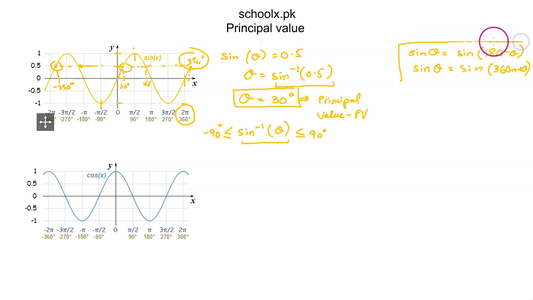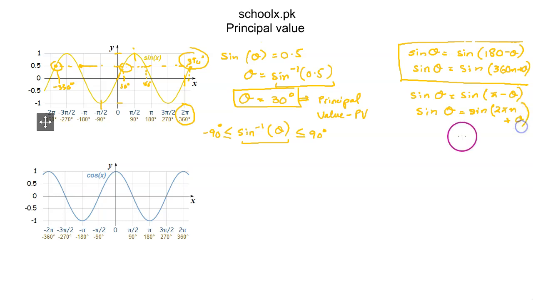Now if I want to write these formulas in radians, I'll just simply convert this 180 and 360 into radians. 180 is pi in radians. If my angle is in radians, sine of theta equals sine of pi minus theta, and sine of theta equals sine of 2 n pi plus theta, where n is an integer, right?